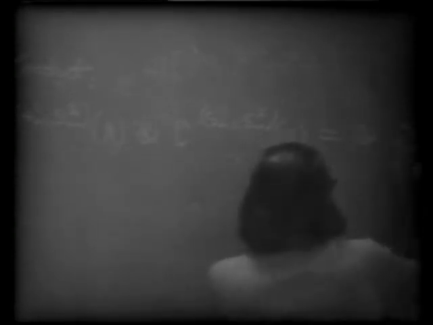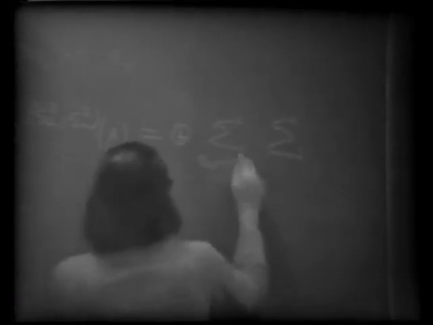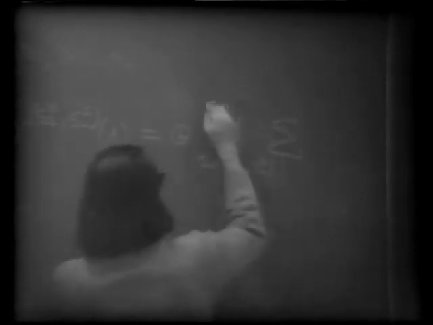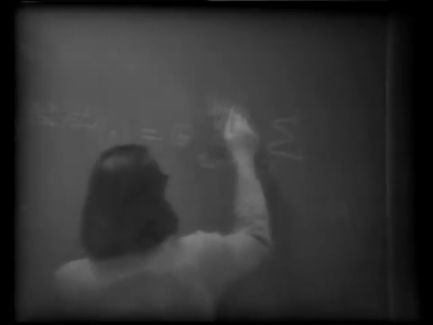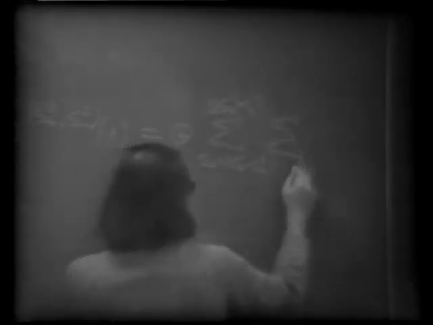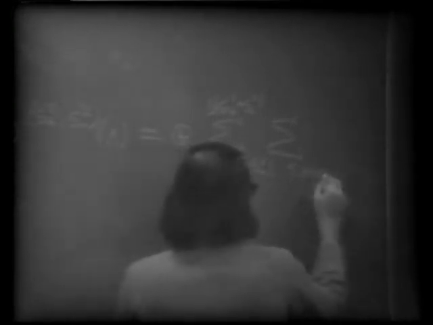S plus goes from S plus 1 minus S plus 2, from the difference to the sum. It's harder to write out than to explain, isn't it? S minus does the same thing.